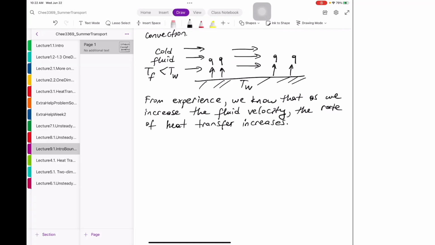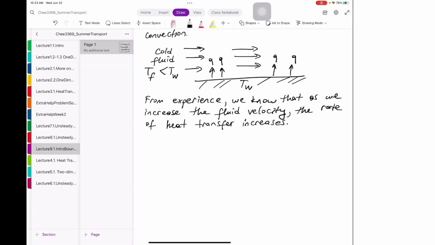So you know it from your daily life, right? If you have something hot and you blow air, you find that it cools down faster. If you have a hot soup, you know that if you blow on the hot soup, it's going to cool down faster, right?